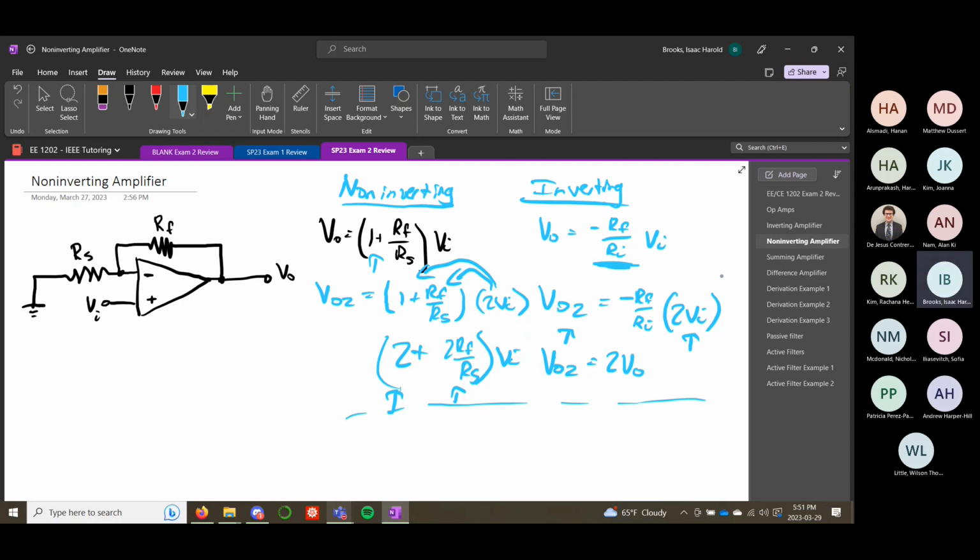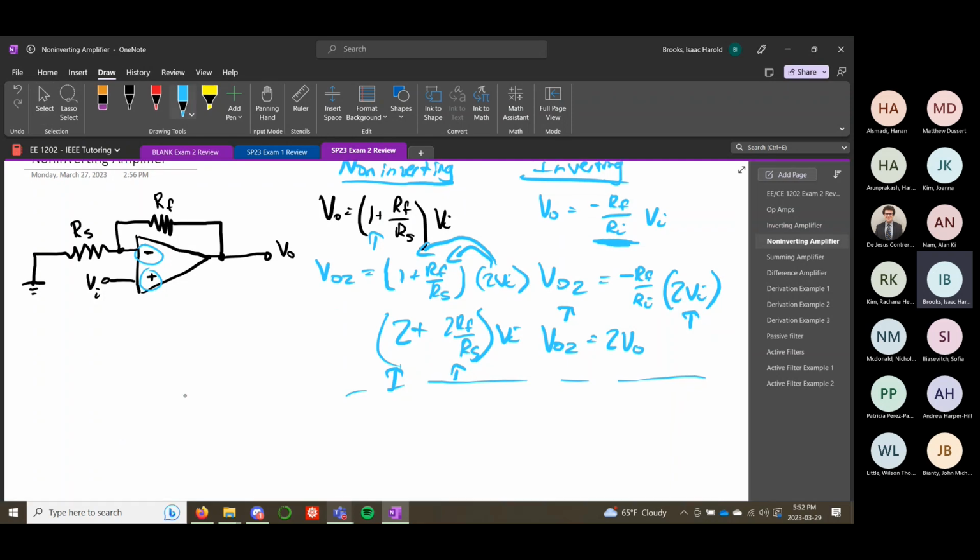So make sure you can identify which configuration it is. If on the exam you're given a circuit that looks like this, you'll save yourself some time in the derivation if you can recognize immediately this is a non-inverting amplifier. So one of the things to watch out for is which one is the positive and the negative input. On the exam, they may give you the flipped version of the circuit with the positive on top.